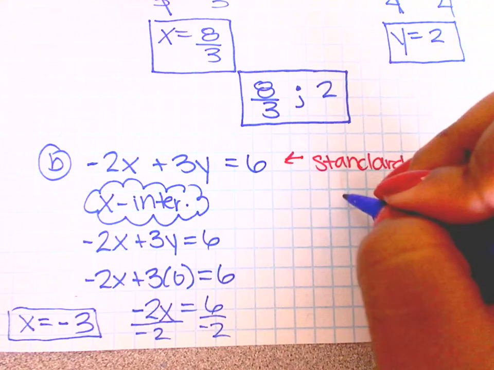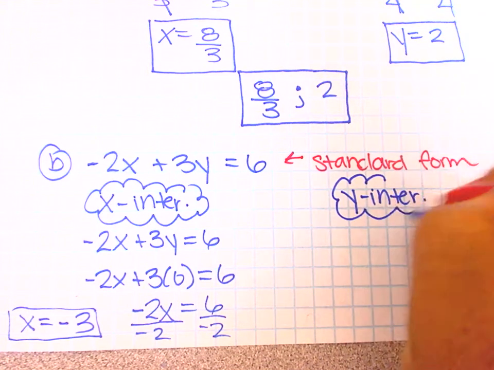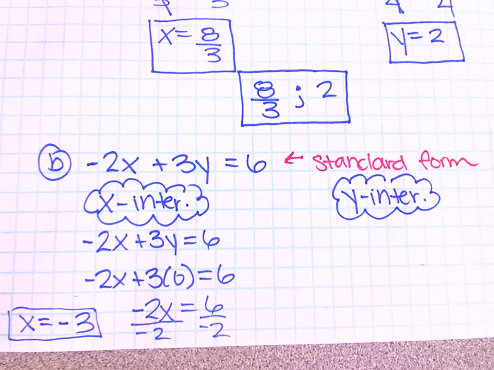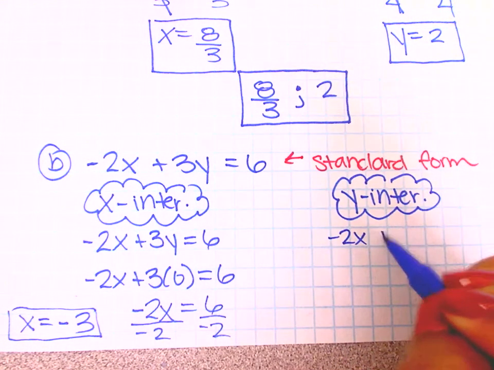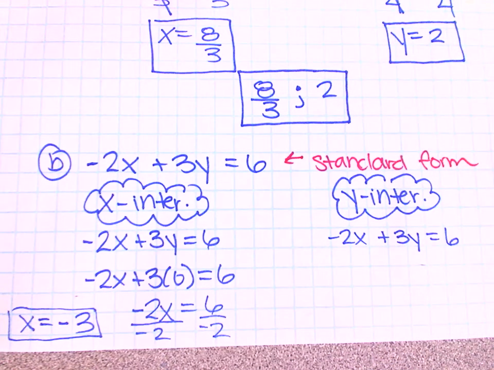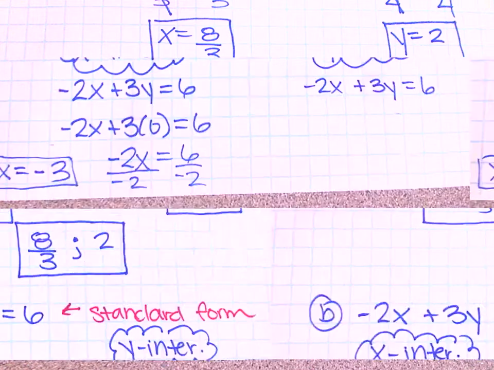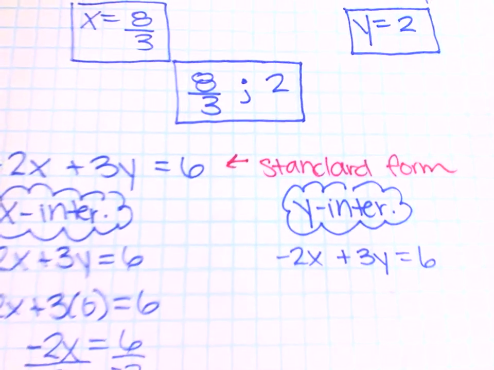Now I need to find my y-intercept. So I'm going to put that on the other side. And again, when you find the y-intercept, you replace x with 0. So I'm going to write down the problem. Negative 2x plus 3y equals 6. Let me zoom for you guys a little bit.